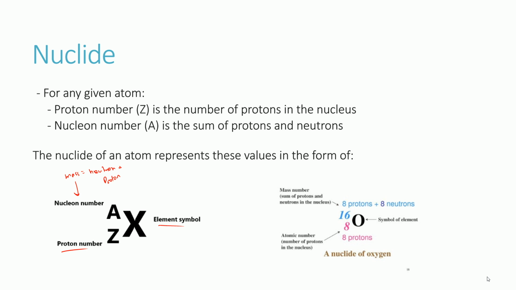And as an example of this, oxygen in the nuclide format would be something like this, where you've got 16 as the nucleon number, which is just 8 plus 8. 8 protons, 8 neutrons. You've got the symbol of oxygen, which is O, and you've got 8 as the proton number, which is the atomic number, just the number of protons inside the nucleus. So this is the nuclide of oxygen.